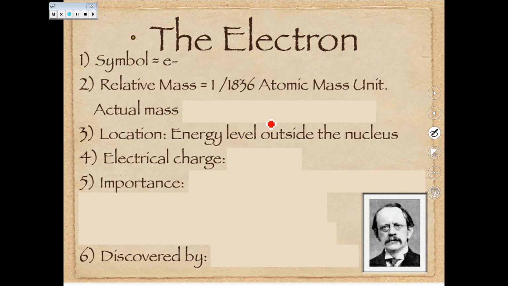In other words, it is a lot smaller than a proton. Its actual mass is 9.11 times 10 to the negative 28th gram. Notice that for the proton, it was the negative 24th gram. The electron is even smaller, with a power of negative 28 gram.